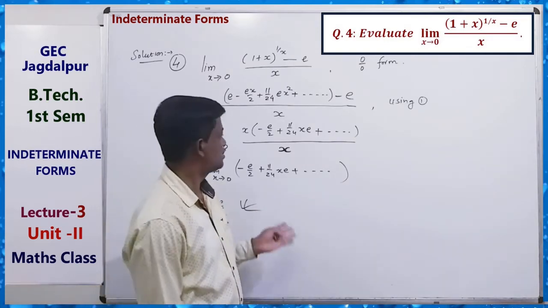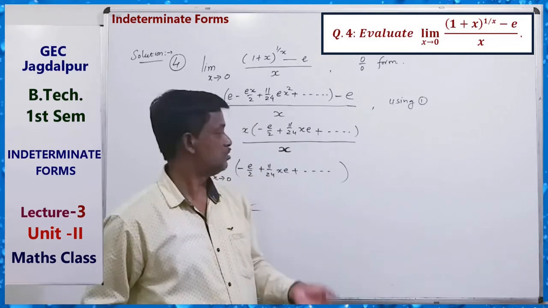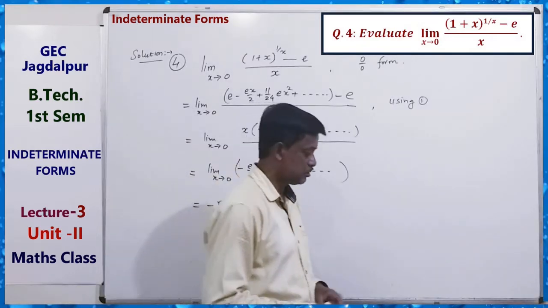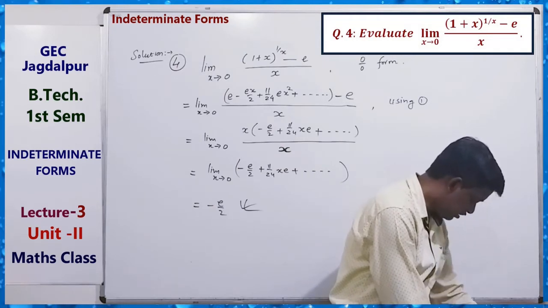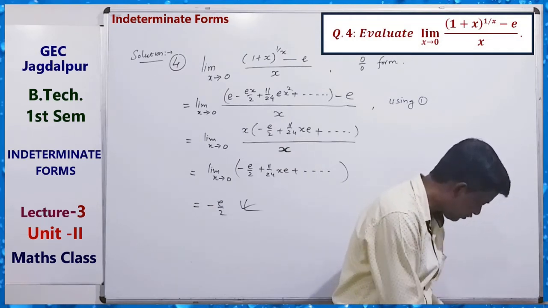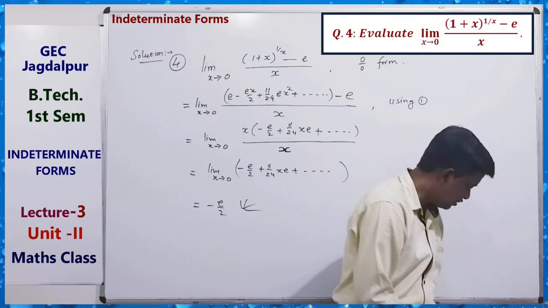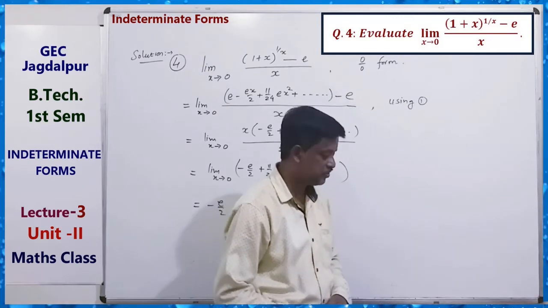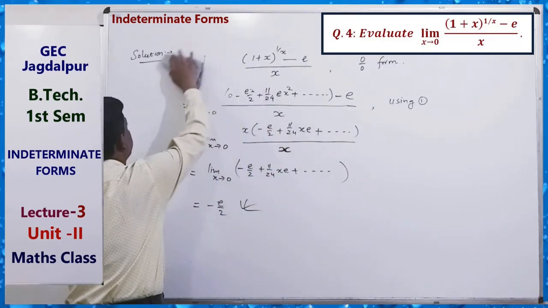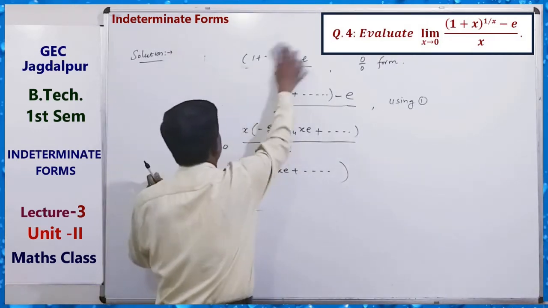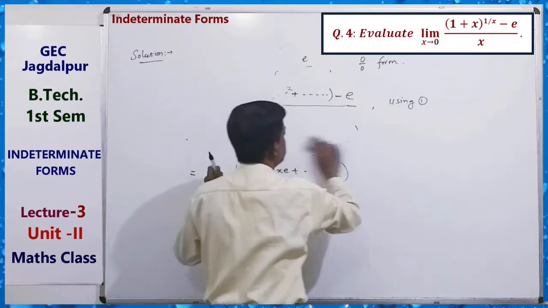So here we just used the series expansion of log(1 plus x), e to the power x, etc. So series expansion can also be used for finding the value of an indeterminate form. Now we discuss the infinity by infinity form.